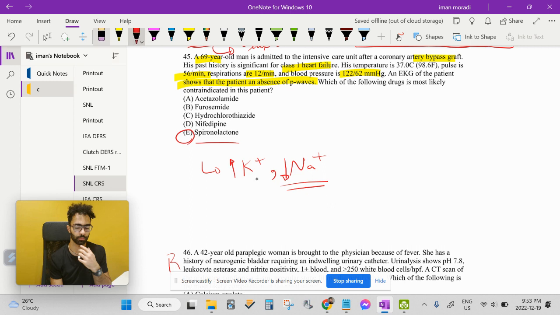That helps with blood pressure, right? So when you have absence of P waves, that's an indication you already have high K, high potassium, right? So this guy already has high potassium. If you give him spironolactone, it increases potassium even more. That's why spironolactone is known as a K-sparing diuretic.